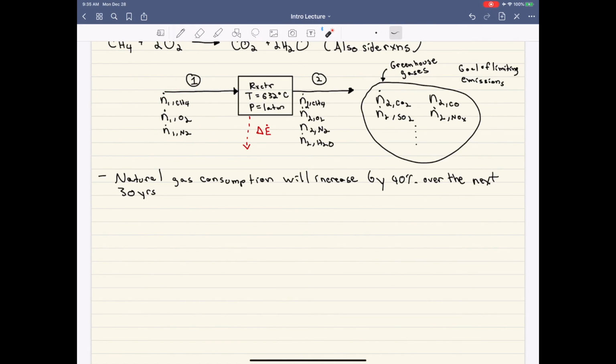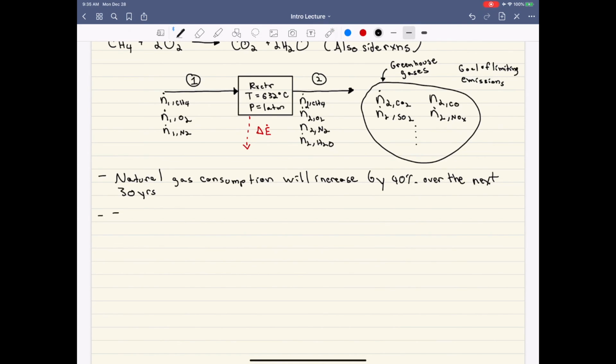And so that's just talking about the things that are consumed directly in this combustion reaction process. But furthermore, I simplified it just by drawing a black box and saying it's at a temperature of 632 C. Well, that's a fairly hot temperature, right? And so in order to get this process at that temperature, we're going to need to heat it somehow, and that heating is going to require energy itself, right?